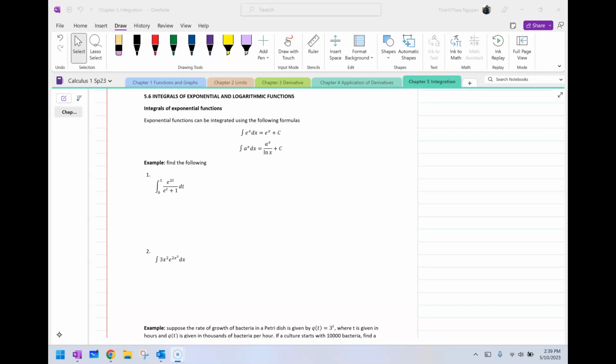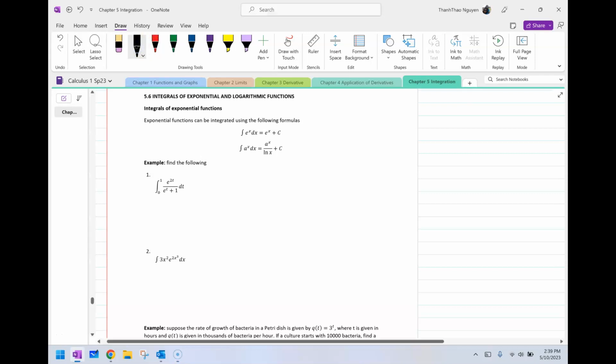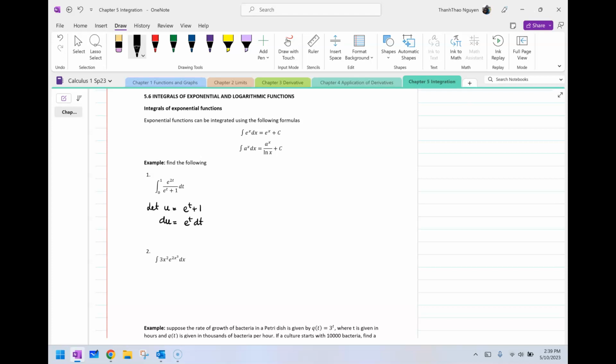Here we have to do a little substitution. So we have the integral from 0 to 1 of e to the 2t divided by e to the t plus 1 dt. So let's go ahead and let u be equal to e to the t plus 1. Then du equals e to the t times dt.